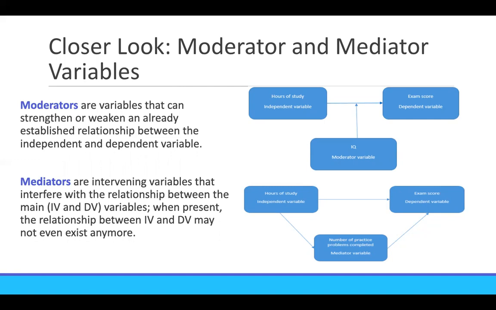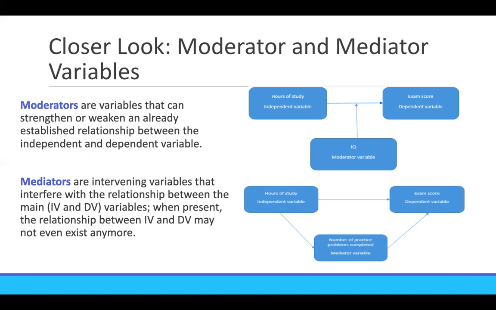Well, a possible moderator variable might be IQ. Maybe a really smart person does not need to study as much, and a person who doesn't have as high of an IQ needs to study more, but even doing so, maybe their exam score is still not going to be as high as the person with high IQ who studied less. And so you see how that relationship between hours of study and exam score becomes a lot less straightforward when you consider IQ.